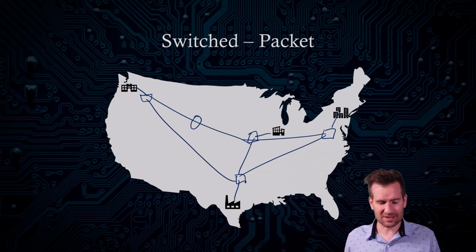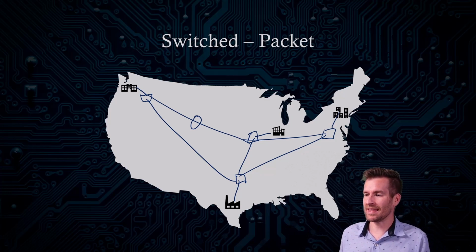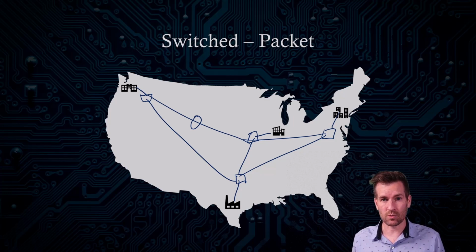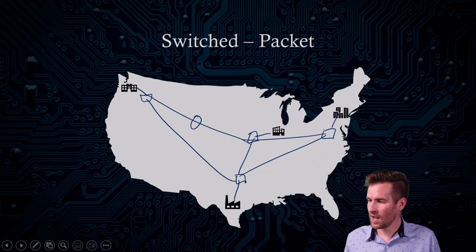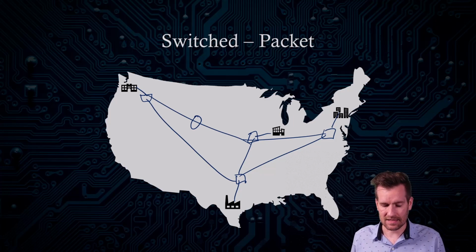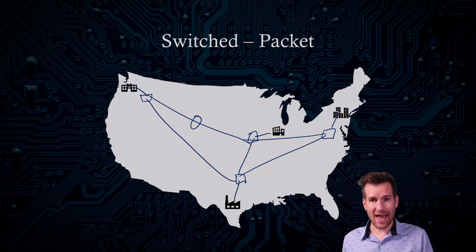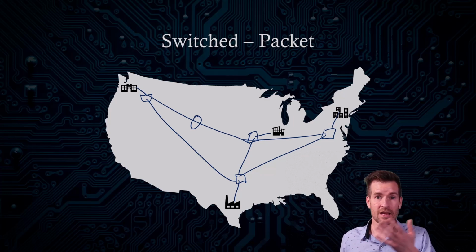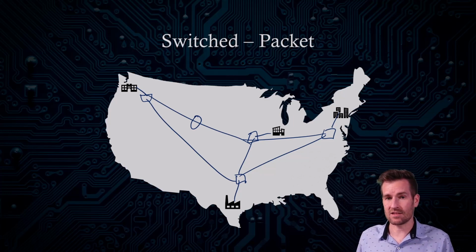Some legacy examples would be frame relay and ATM, which really are not used as much anymore, but some more recent examples that are still commonly used are Metro Ethernet and MPLS. So that is packet switched, and how we can share lines of communication with other companies and other traffic using this packet switch technology going through a service provider.